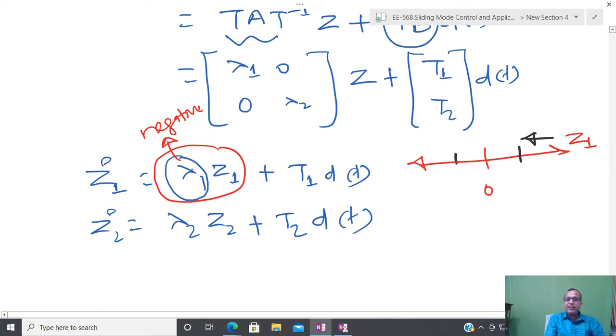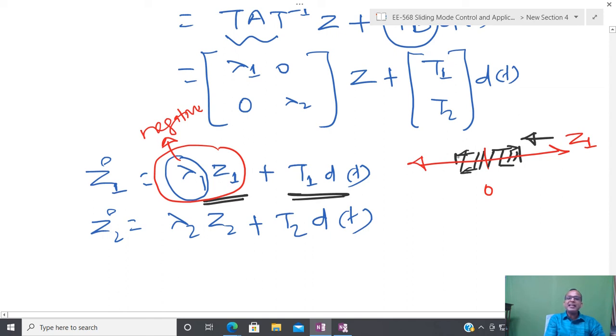But when lambda 1 Z1 becomes less than T1 dt, at that time I have divergence kind of behavior. We have already seen this in the first lecture, with proportional control and some kind of disturbance. Same kind of effect.